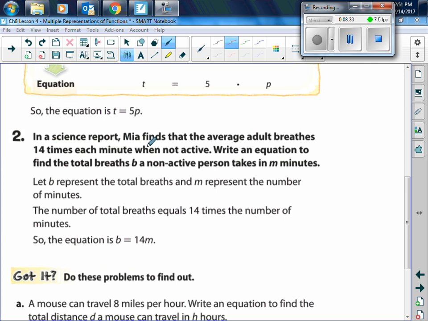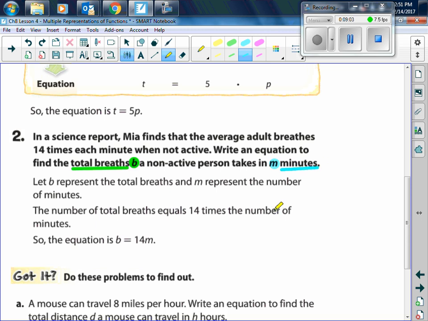Example 2 says, in a science report, Maya finds the average adult breathes 14 times each minute when not active. Write an equation to find the total breaths B a non-active person takes in M minutes. Again, we define our variables. B is the total breaths, M is going to be our minutes.